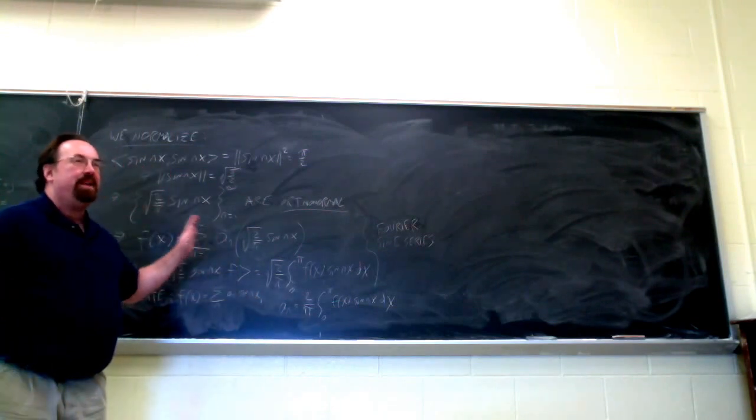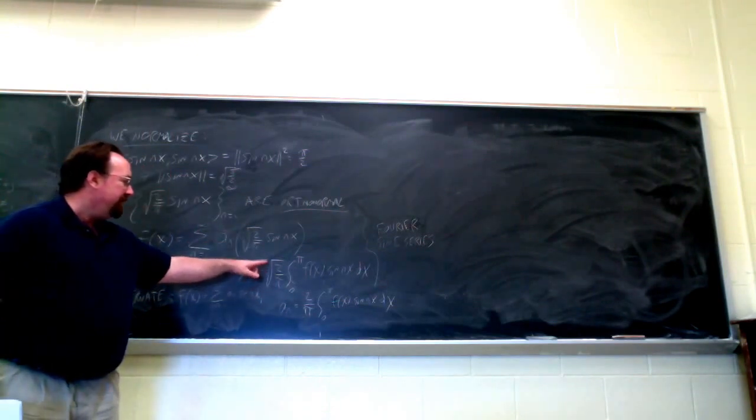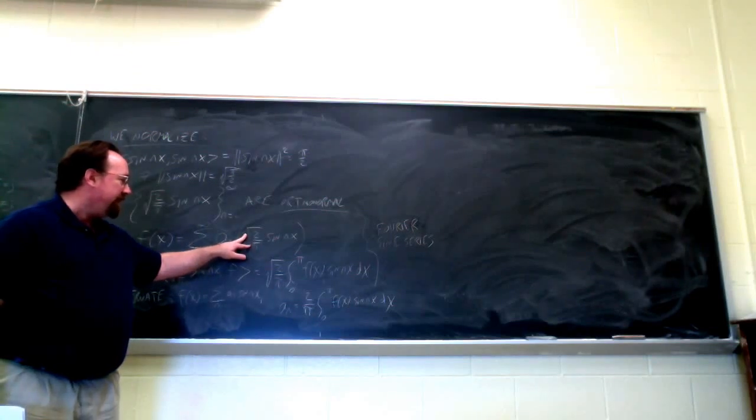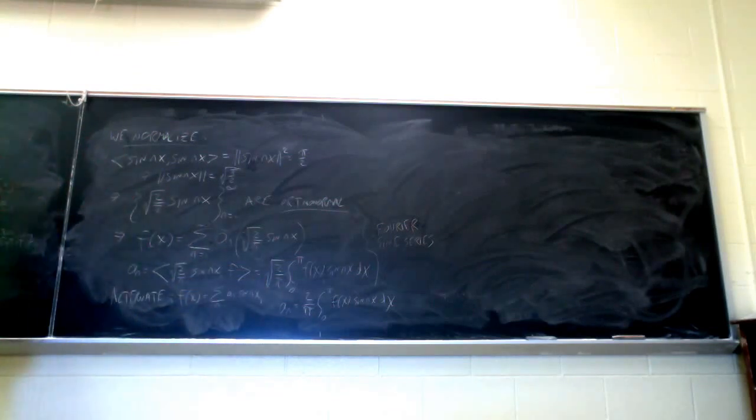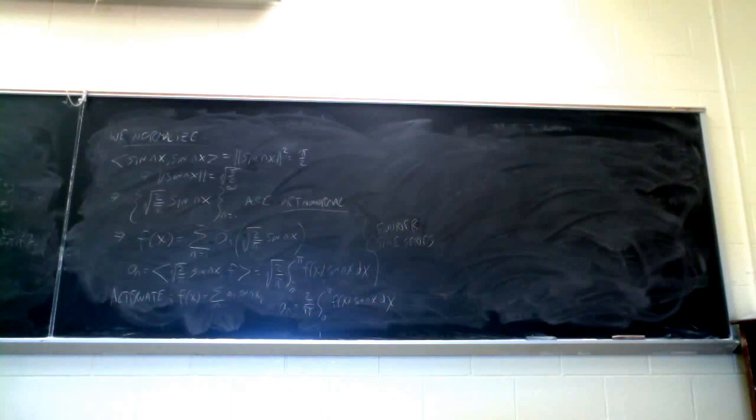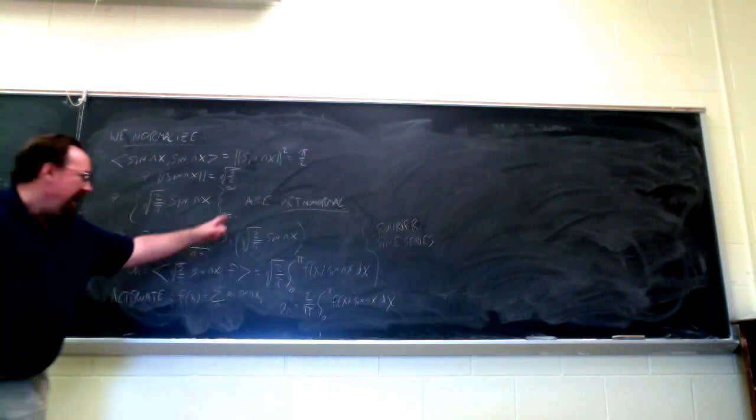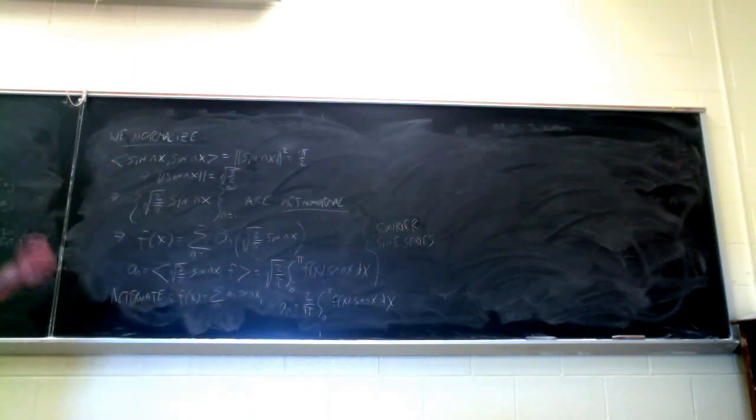Here I made it more symmetric by distributing it, the square root of 2 over pi in the expansion and the other square root of 2 over pi in the integral. That's why I say Fourier series are written so many different ways in different sources, because of how they place the scaling factors. So that's something to keep in mind if you look at other sources. But they're all equivalent. It's just a matter of how these scaling factors are distributed.